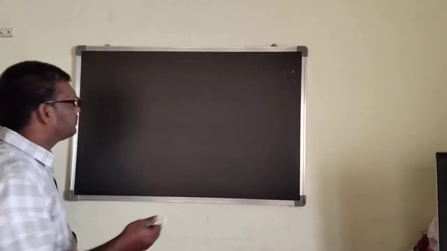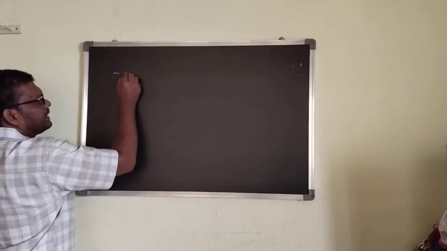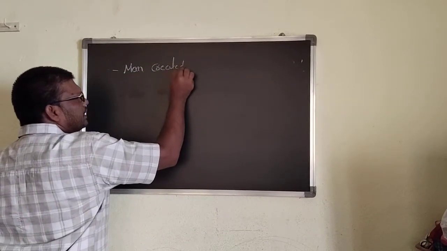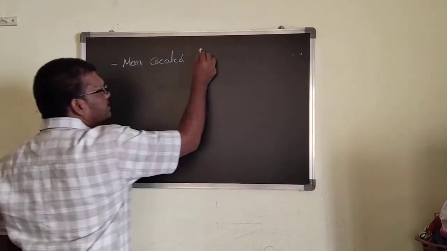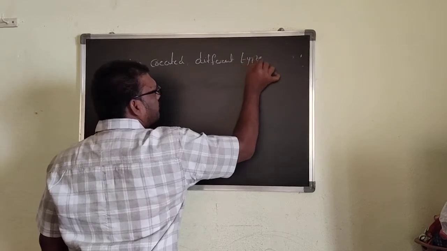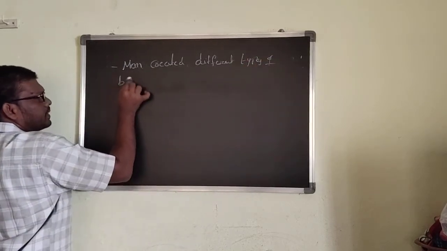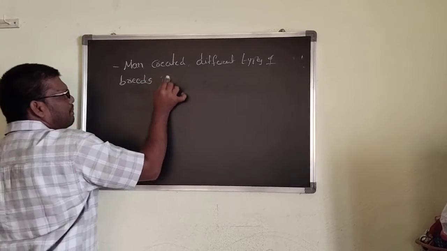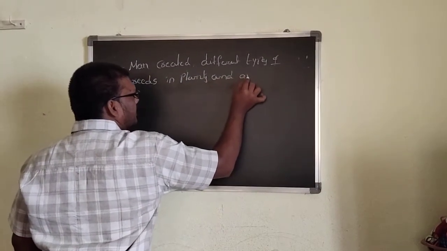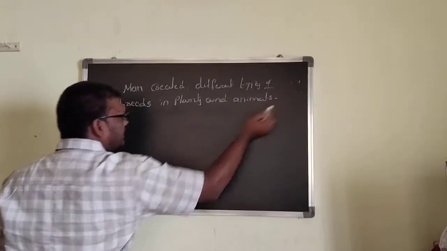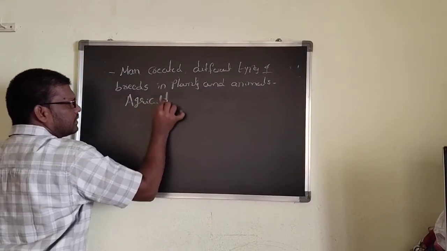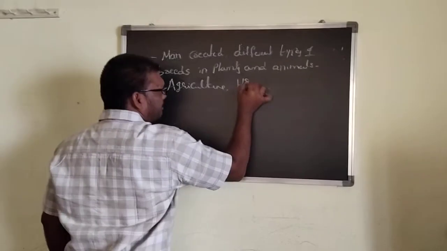See, suppose man created different types of breeds in plants and animals for agriculture and horticulture purposes.